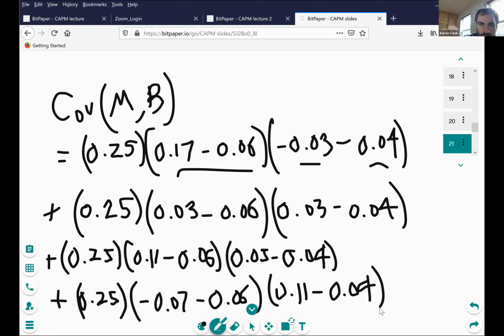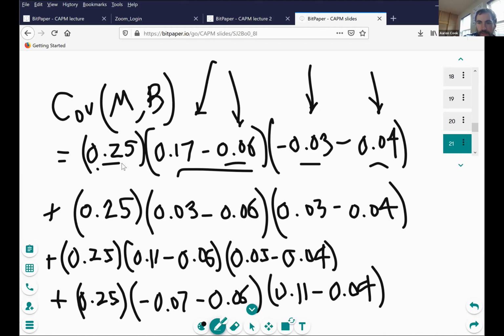In this case, it's just the values of the returns on B minus the mean of B, times the values of return for the market minus the mean returns on the market, and then each of those is multiplied by the corresponding probabilities.